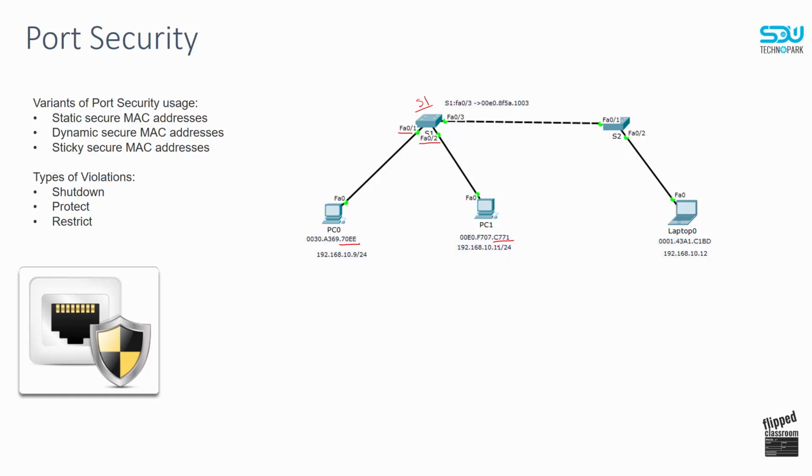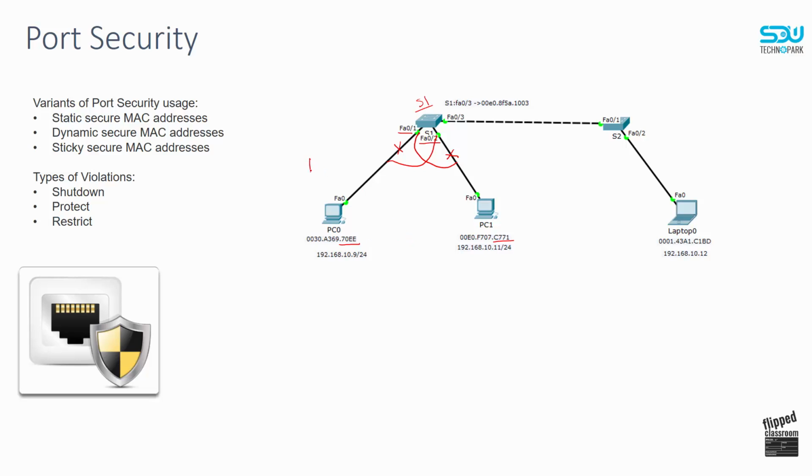We want a scenario where these two MAC addresses are trusted by Switch 1, and port FA0/1 will work only with MAC address 70EE or C771. You can disconnect this cable and connect here, and switch will work with them because Switch 1 trusts both of these MAC addresses.